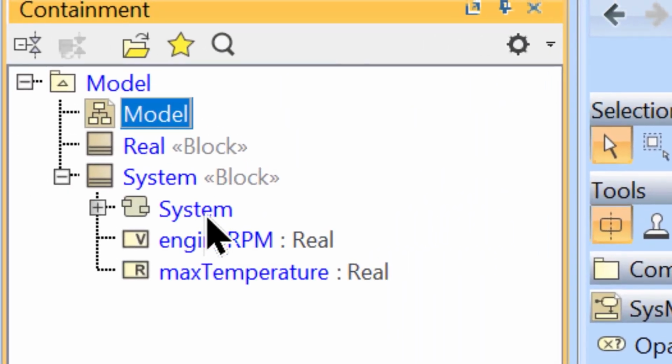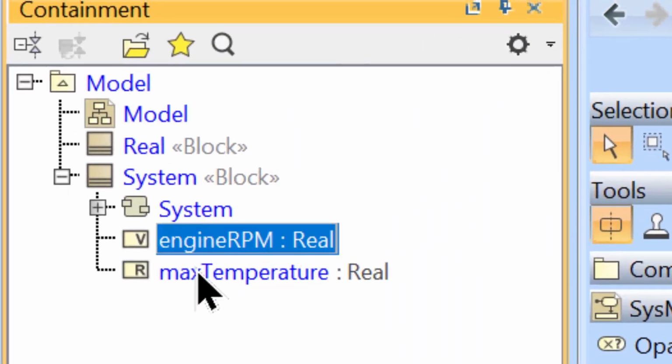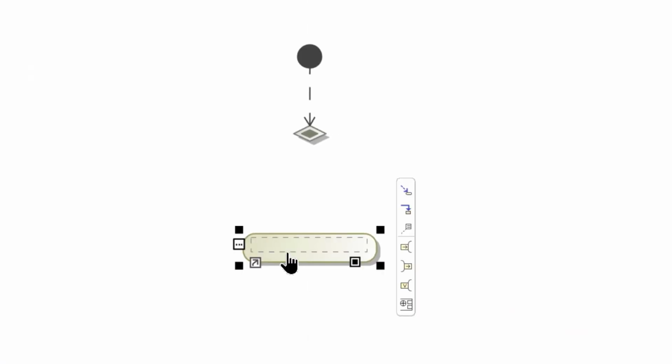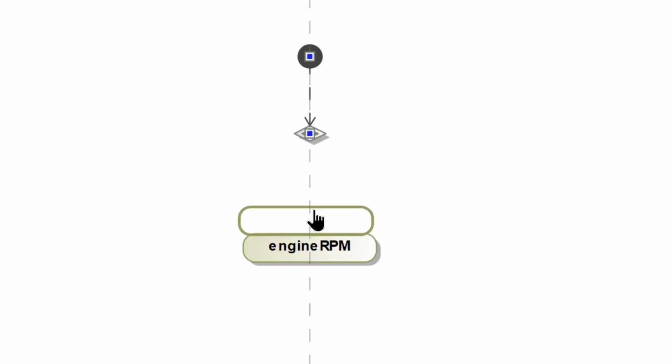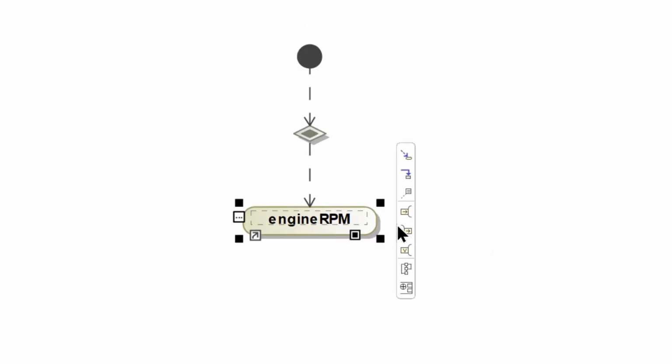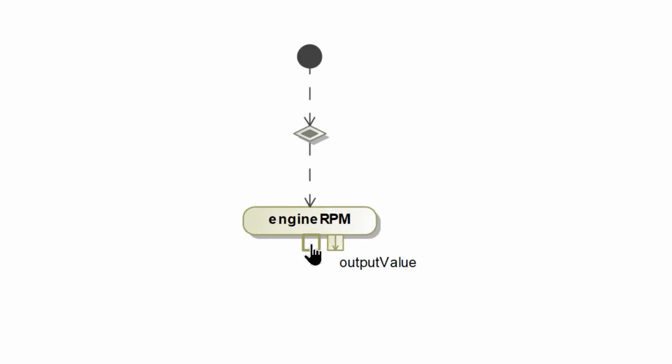So we have access to both that engine RPM value and that max temperature reference property. So let's say we wanted to simply output the engine RPM. We can simply write that into an opaque action. And now in runtime, Cameo will come through and get that value, and then we could output that to somewhere else. So you don't need to rename this output pin, but we can.